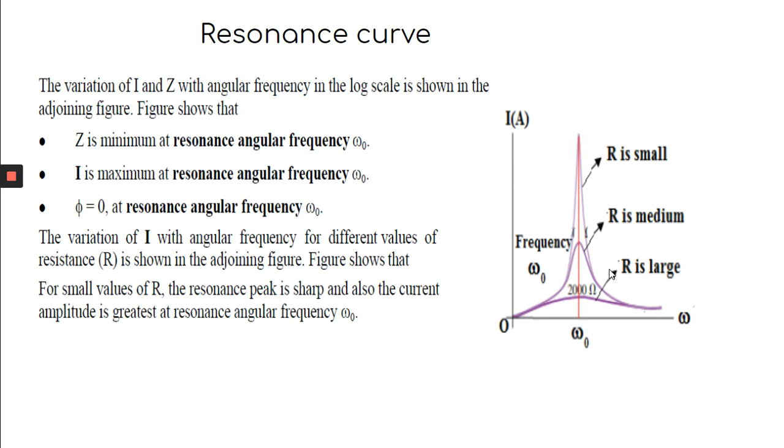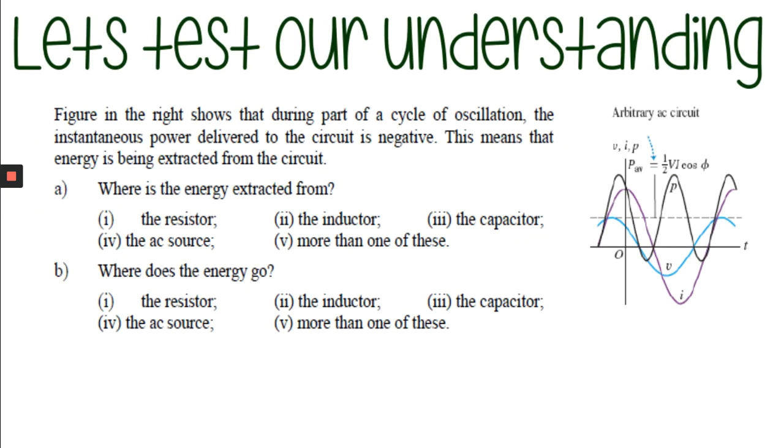So this is your resonant curve, which is quite similar to the resonant curve in mechanical oscillations. So this is all about resonance in the LRC series circuit and the power in the LRC series circuit.